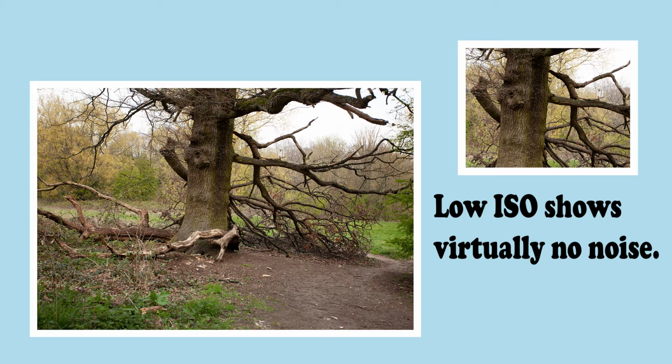So if I have a very low ISO, then that's got a very low sensitivity to the light that's around in the atmosphere. So what I'm doing is I'm shooting an image with very little light, so there won't be a huge amount of detail, there won't be a huge amount of contrast, but there'll be just enough so that we can see exactly what the tree looks like.